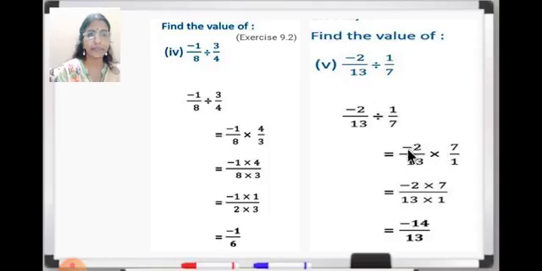And then we see, can we reduce? We cannot reduce. So we will just multiply the numerator with the numerator of the other rational number. So minus 2 into 7 will come in the numerator upon 13 into 1. So 2 sevens are 14 and the minus sign is there. Minus into positive will be negative. Minus 14 upon 13.